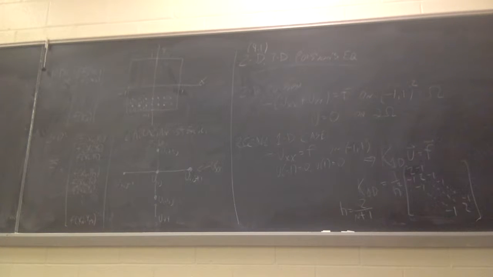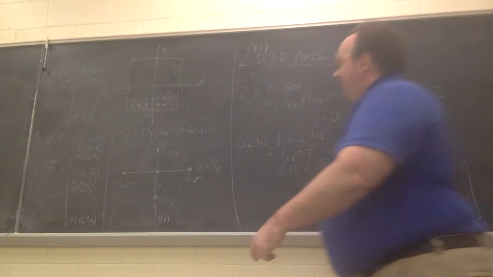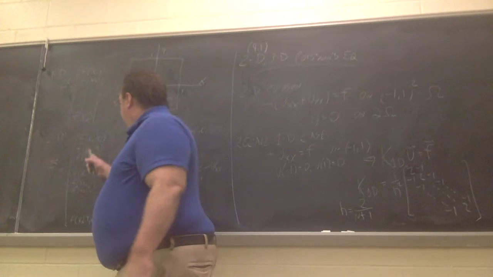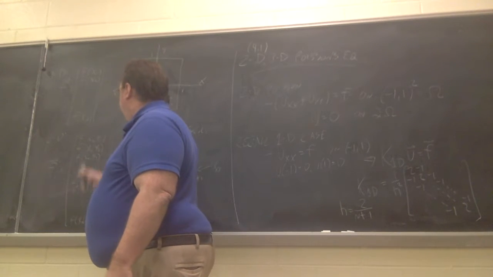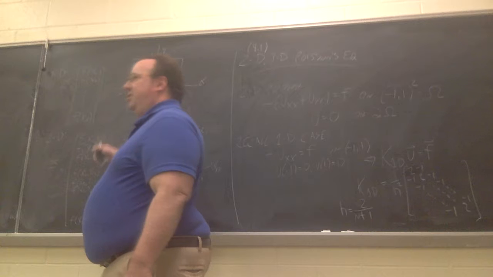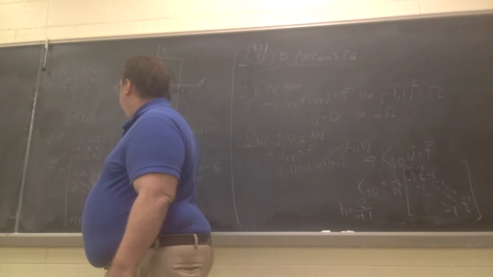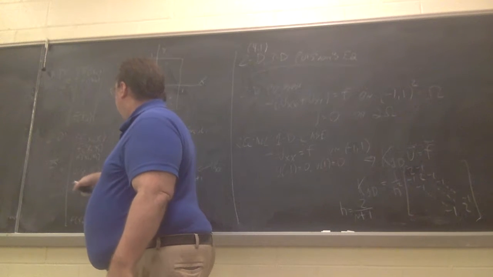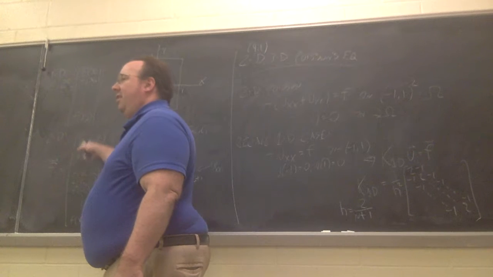Now, how is that going to be reflected in the matrix? Is it going to look something like what we have from the 1D case? And the answer is yes and no. Because if you're ordering points in this manner, points with neighboring y values are next to each other, but points that have the same y and different x's are far apart.